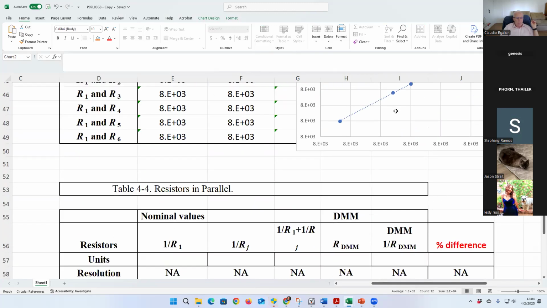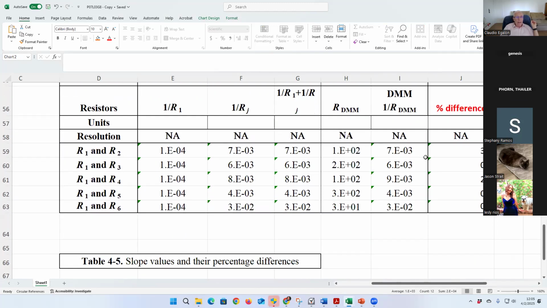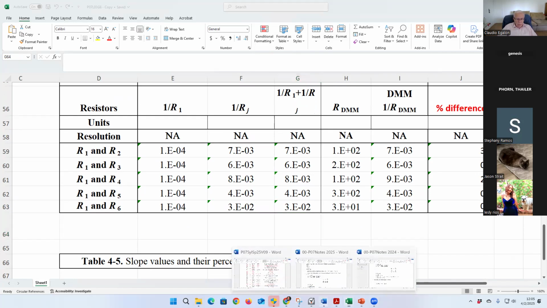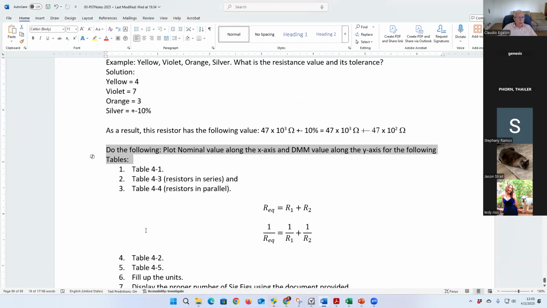Okay, so let's continue here. Let me show you the equation. This one that I want. That's the equivalent resistance, right?